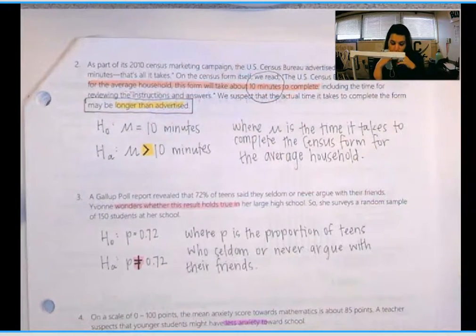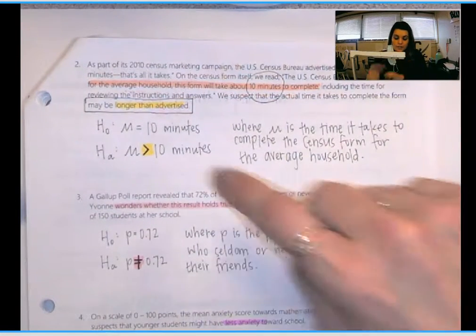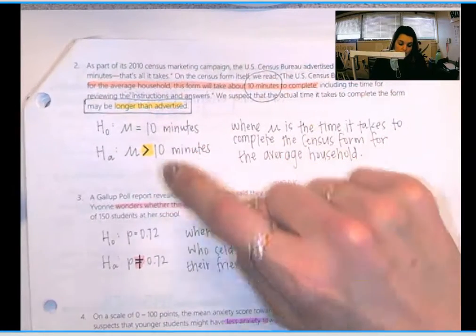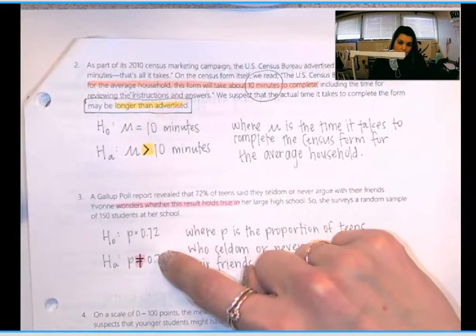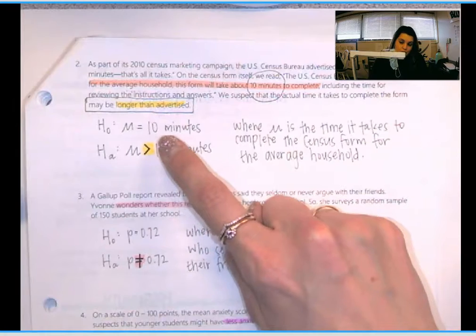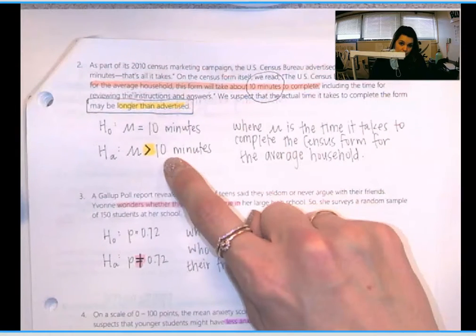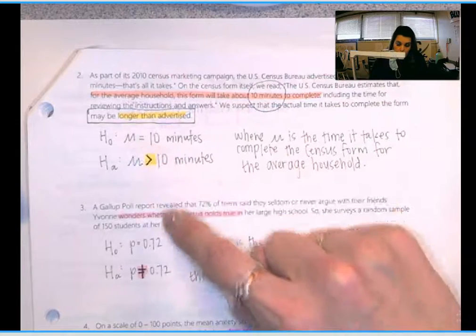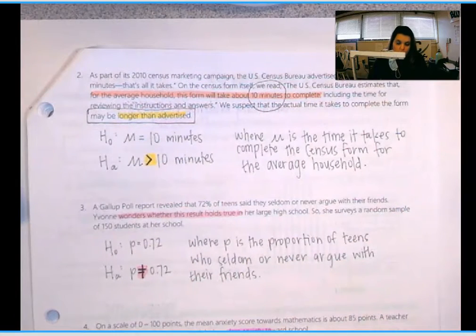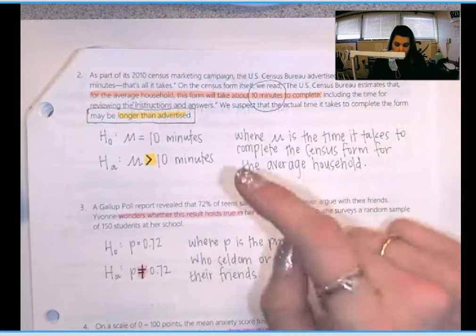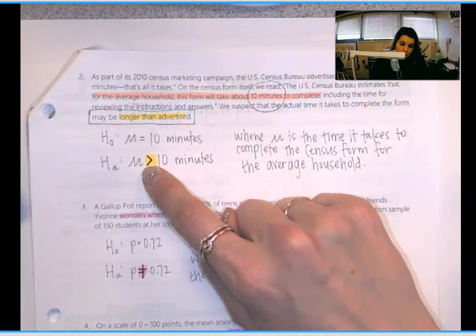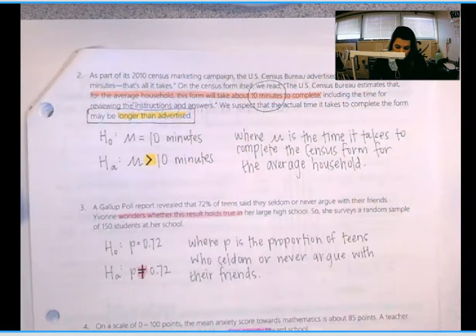One thing I would like to highlight for all of these is that when you state your hypotheses, make sure that the number you're using is the same for both the null and the alternative. The null is always equal, so make sure H0 in every single one of these is equal. And then, like I said, the wording that told me the symbol for the alternative, I tried to highlight.